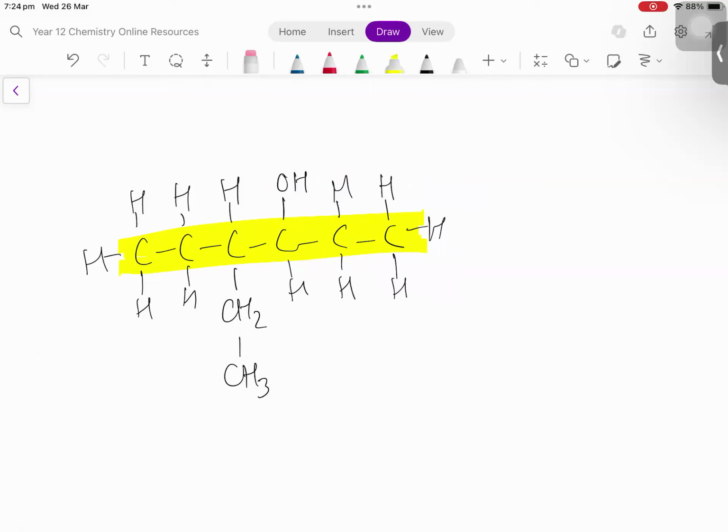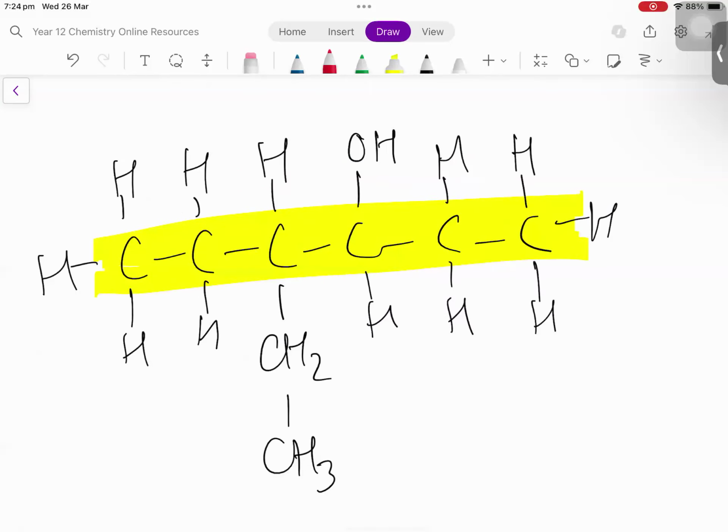Can you imagine the numbering in your head? Should you number left to right or right to left to give your carbon with the OH the smaller number? Right to left. Guys, if I number left to right, what carbon is with my OH?